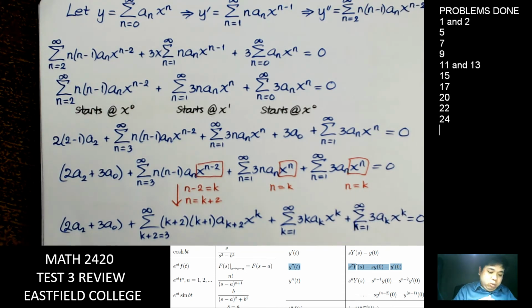Right. And put all of them together. This, by the way, k plus 2 equal to 3, so k is 1.